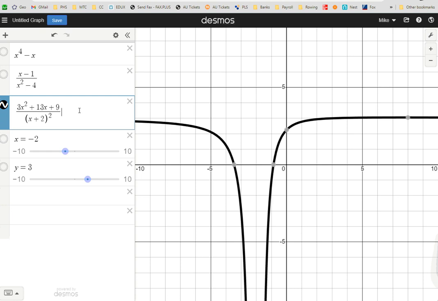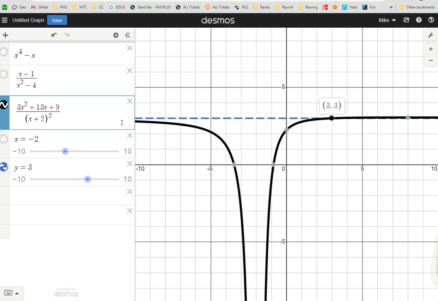So if I get rid of that piece, because originally this function had to be less than or equal to this function. Okay. Let's see. Yeah, 3x squared plus 13x plus 9 over x plus 2 quantity squared was going to be less than or equal to 3. So where does that happen? Okay, so it's in this whole region, up to 3.